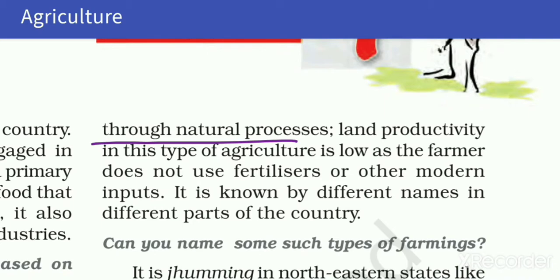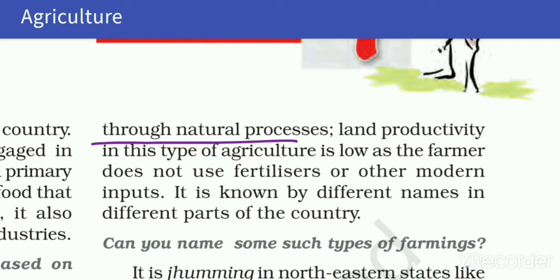Basically, the farmers do not use fertilizers or other modern inputs to grow crops. They are totally dependent on the natural fertility of the soil. That is why they leave the land after 3 to 4 years of agriculture. In this way, what happened? The abandoned land starts to regain its fertility in due course of time.